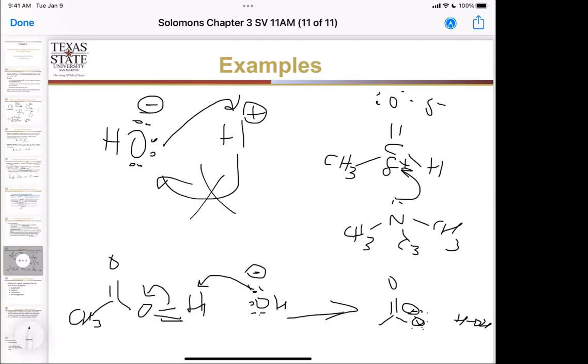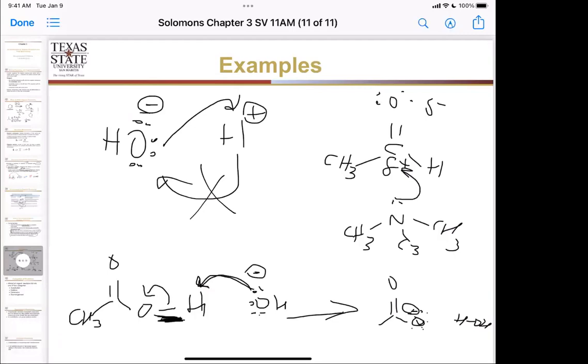When a new bond was formed on the hydrogen on this side, we had to break this other bond. Those 2 electrons in that bond became a lone pair. Does that make sense? Bonds are always 2 electrons. A pi bond is 2 electrons, a sigma bond is 2 electrons, and we're always going to see this kind of exchange back. All right, questions on that?